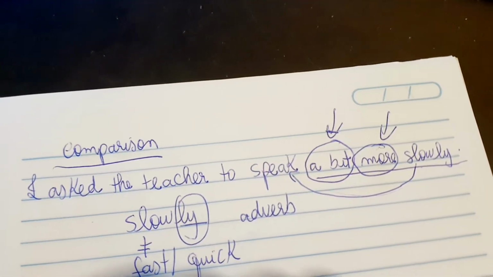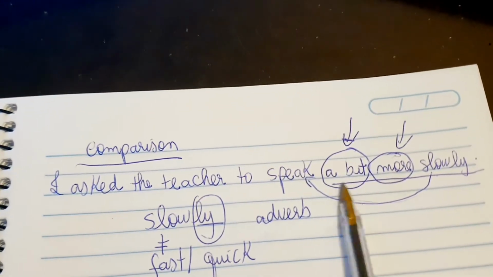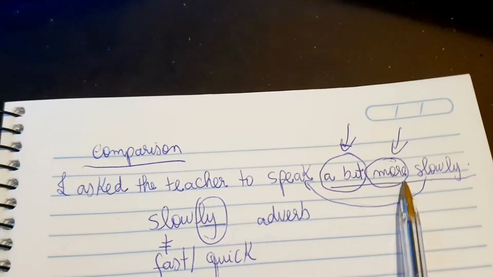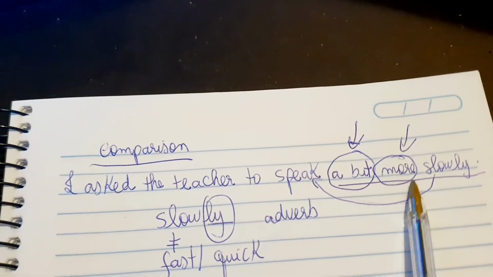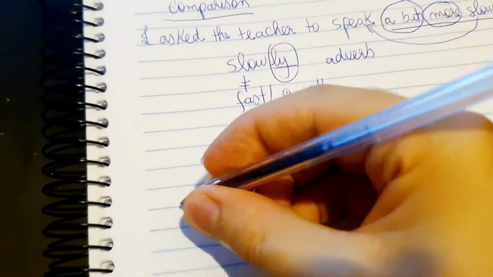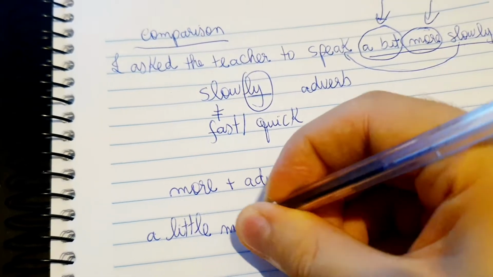You see? You can employ these resources mainly in spoken language, right? In spoken language, it's very common. You can say a bit more slowly. You can say a little more slowly.